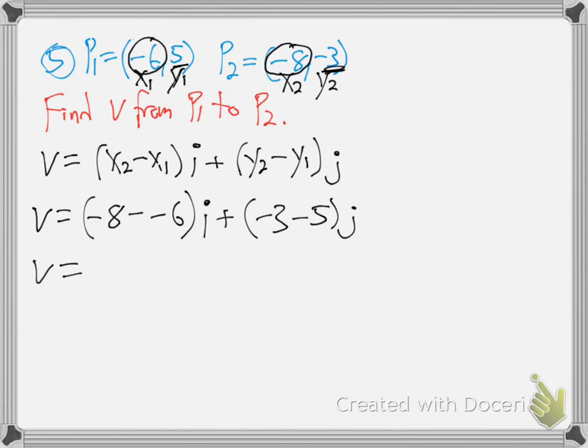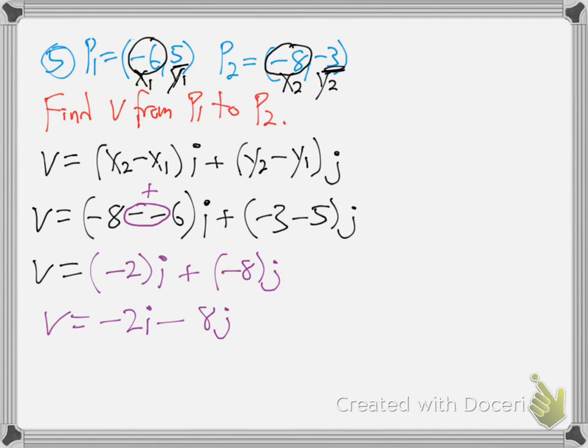So what is that? Those two negatives right there become positive. So negative 8 plus 6, negative 2. You don't need parentheses. I don't know why I have them. So it's just minus 2i minus 8j in the end. You could write plus a negative or just negative. It doesn't matter. Does that make sense? Vector V?